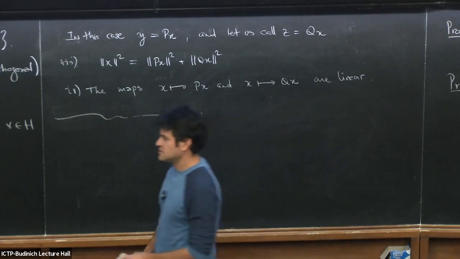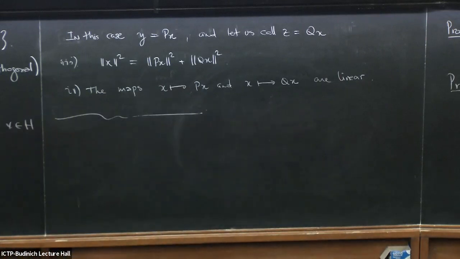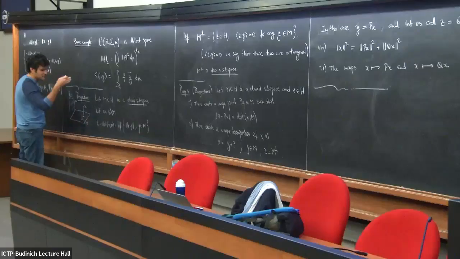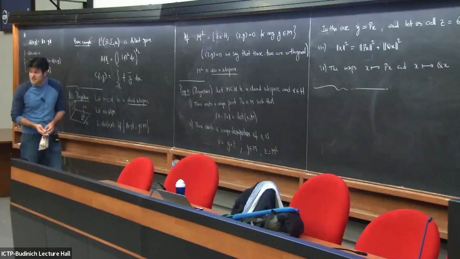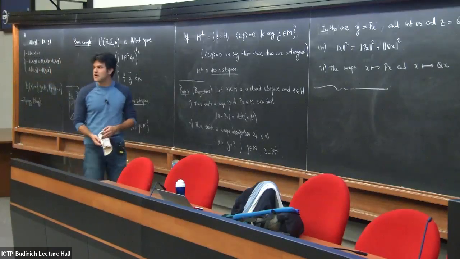What I'm trying to say is that if I have a closed subspace and a point outside, what is going to be this projection of x over the subspace. It's the point in the subspace of minimum distance to x.